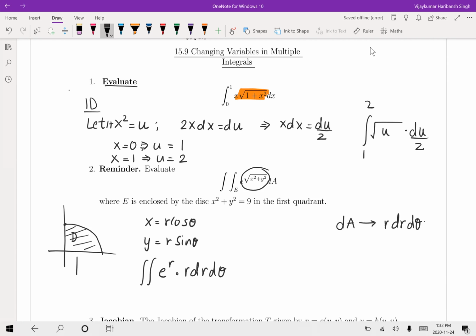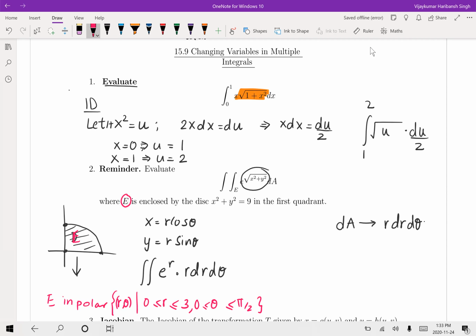And then if you look at the geometry, in this case this can be seen as a polar rectangle. So this is E, and E in polar is given by r goes from 0 to 3, and theta goes from 0 to pi over 2.